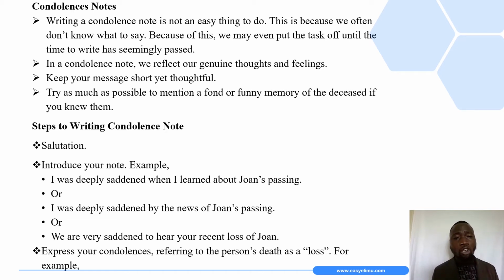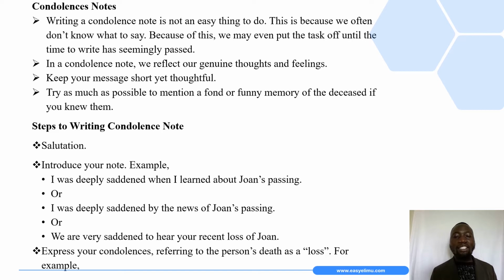or to some of us who are grief-stricken. So when writing a condolence note, dear students, we reflect our genuine thoughts and feelings. It is all about the genuine thoughts and the genuine feelings that a person has. So when writing these messages, one is required to say something in praise of the deceased, if at all you knew them, or mention a funny memory.